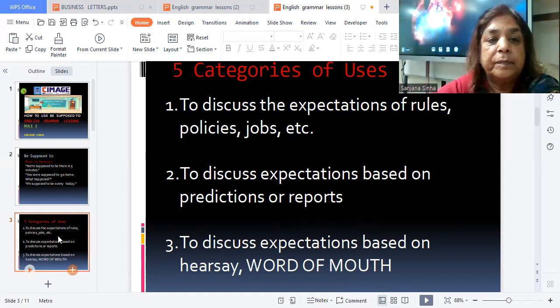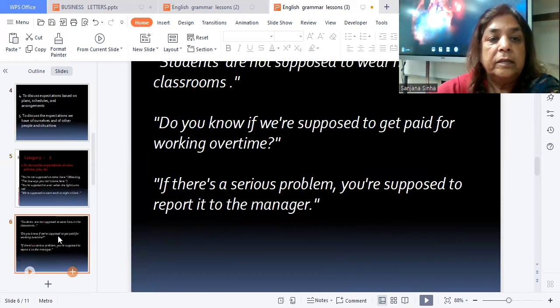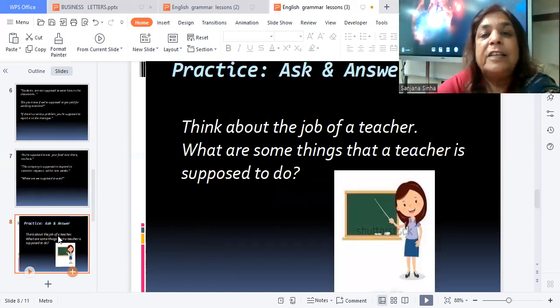For example, what you're supposed to do. The first is the practice session of rule number 1. It means something which you're supposed to do, something which you're not supposed to do.